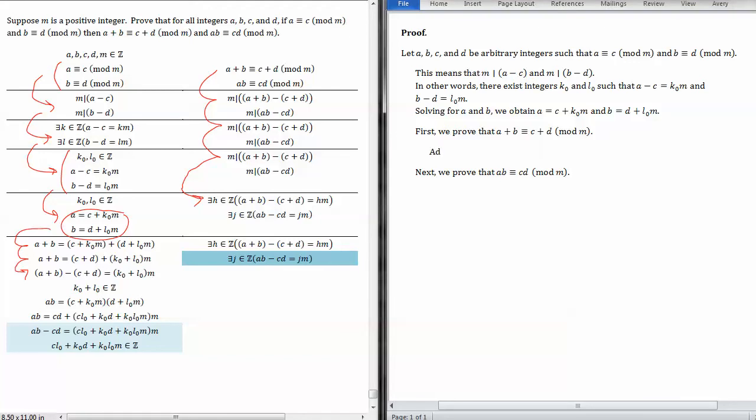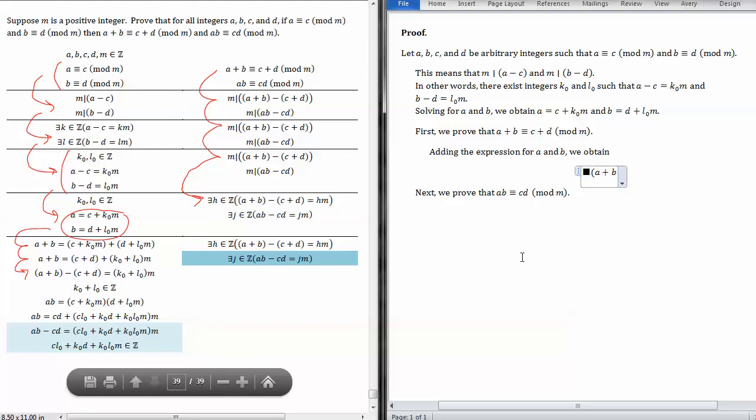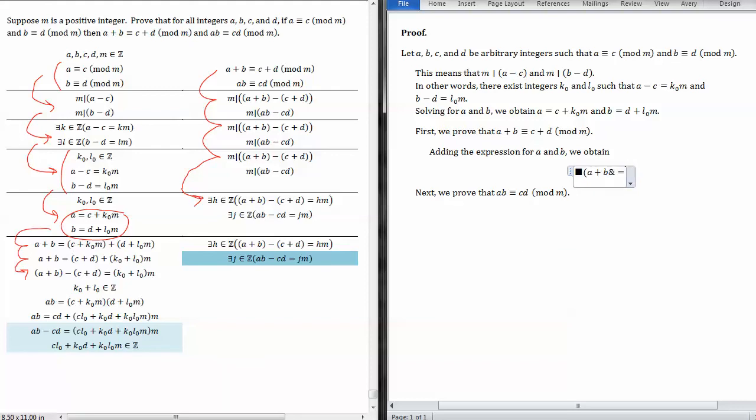So adding the expressions for a and b, we obtain a plus b, which I'm copying from over here, is equal to c plus k naught times m, and the b became d plus l naught m.